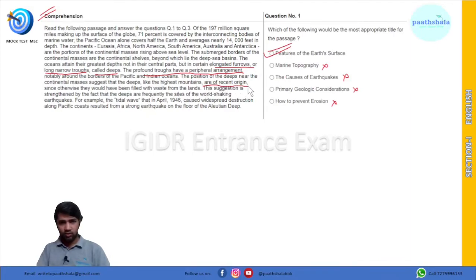This line is very important. It is talking about deeps which are of recent origin, since otherwise they would have been filled with waste from the lands. This suggestion is strengthened by the fact that the deeps are frequently the sites of world-shaking earthquakes. So that means the newly formed deeps are the cause of earthquakes.